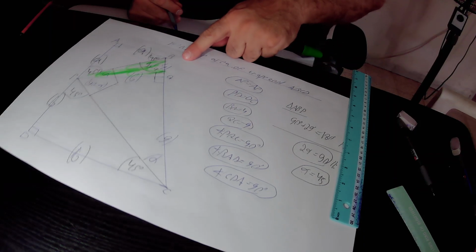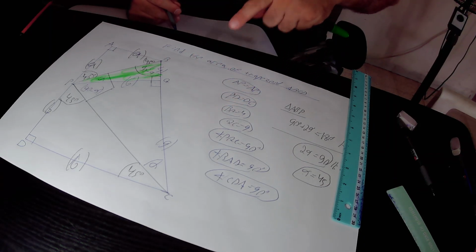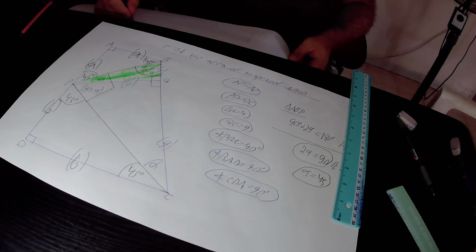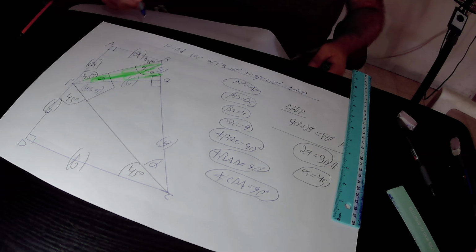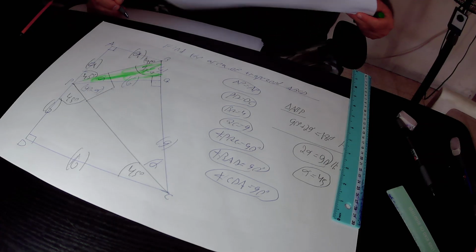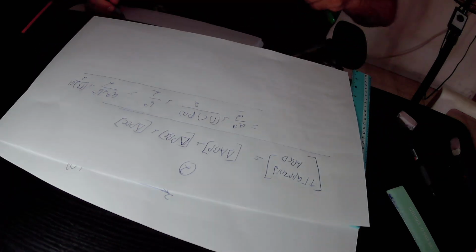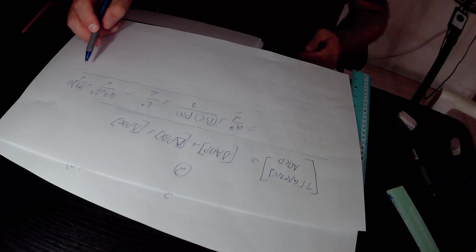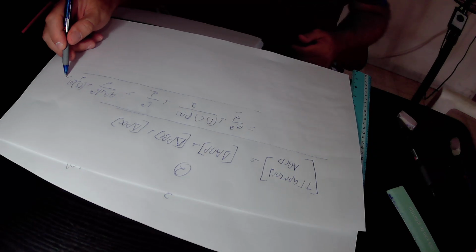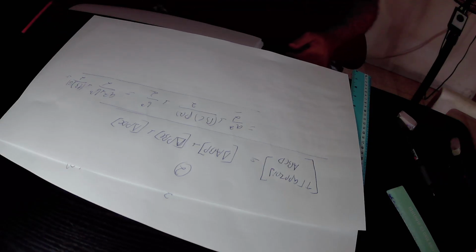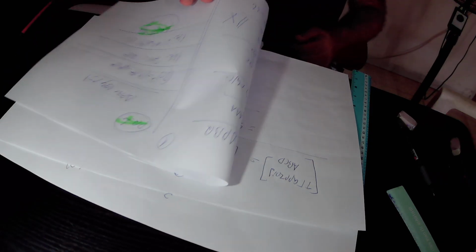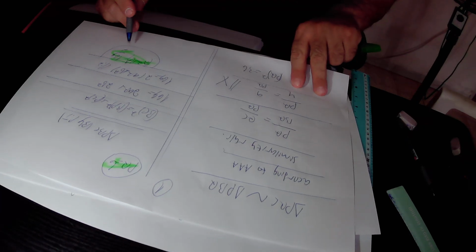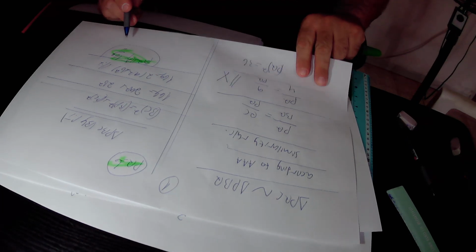BC, in total, is 4 plus 9, that is 13, times PQ, PQ is 6, divided by 2. So in total, the area of trapezoid ABCD equals a squared plus b squared over 2, plus 13 times 6 over 2. We have already found that a squared plus b squared equals 169 over 2.